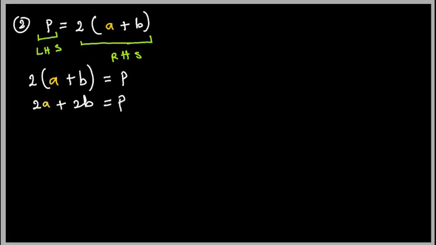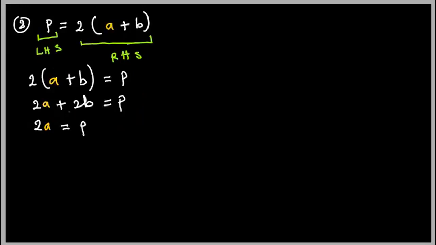And so at this point, we will now take like terms. All the terms having a should be on one side, the rest goes to the other side. So I now have 2a, and the rest term, that is plus 2b, will come over to the right and becomes equals to p.